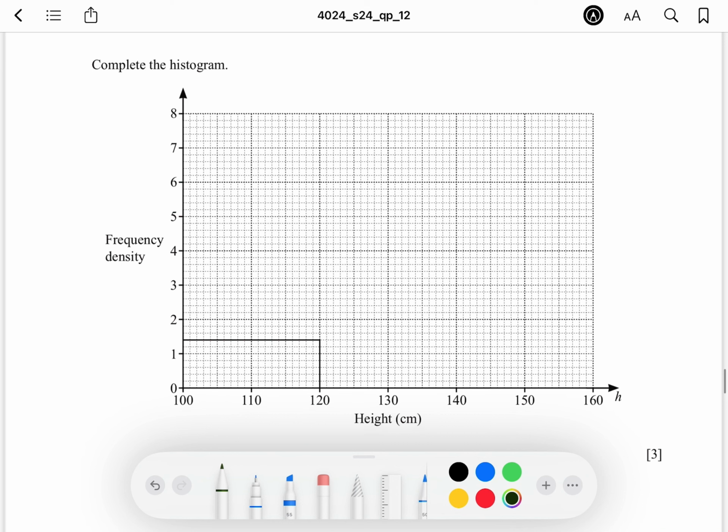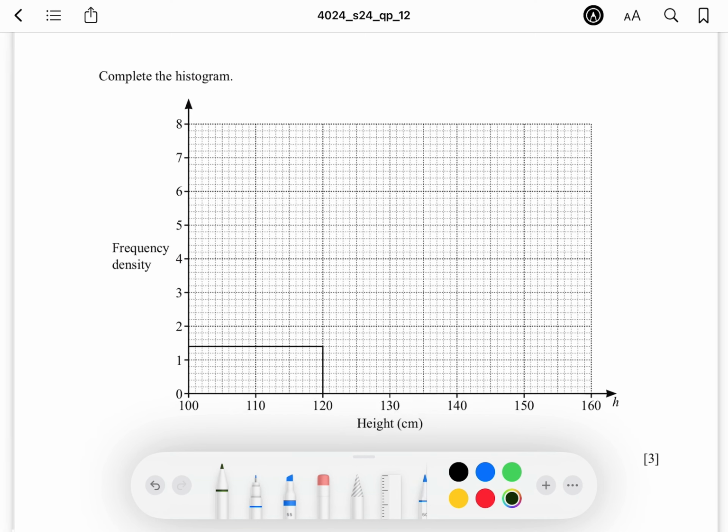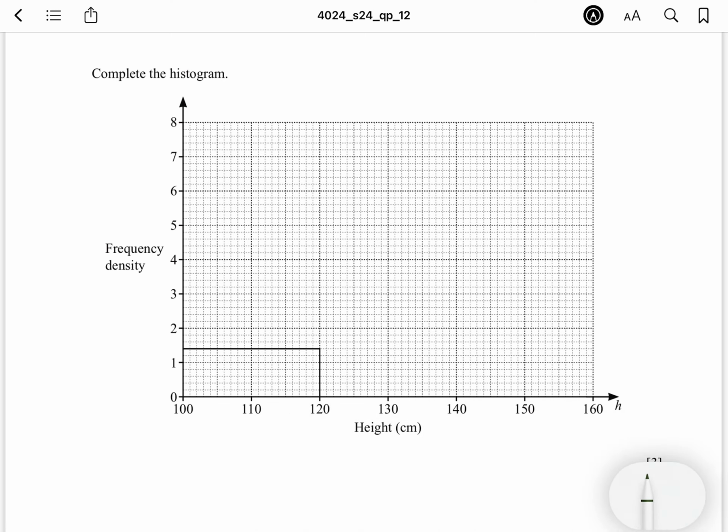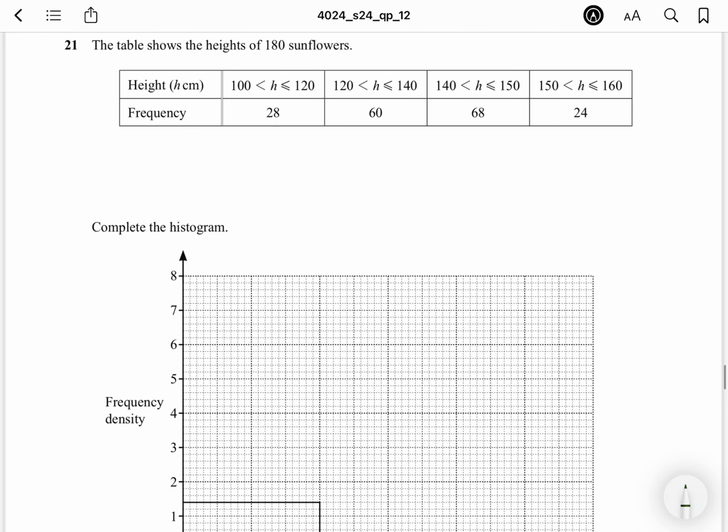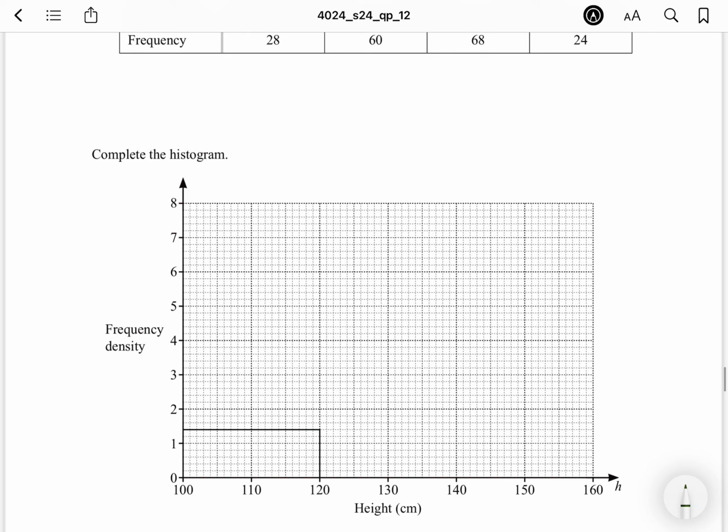So when you observe the first bar sana, the first bar is between what interval? 100 and 120. And if you look at the frequency table, that is the first one. However, kalau you draw mengikut frequency, it's supposed to be the height 28. Tapi sini bukan 28. What's the height of this one? 1.4.